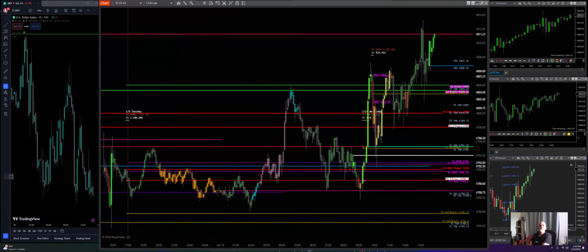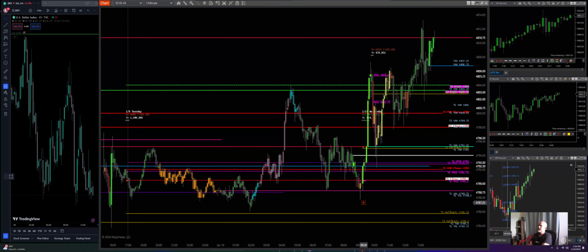So this is ES, S&P. You can see here that this is that same manipulation that we were just looking at, that I measured from. That manipulation took sell side below midnight, this pink line, and took sell side.